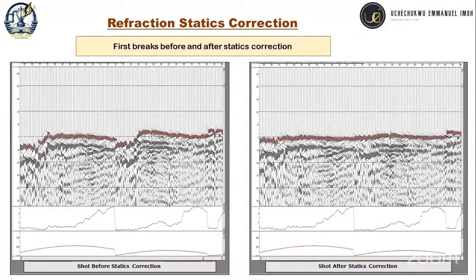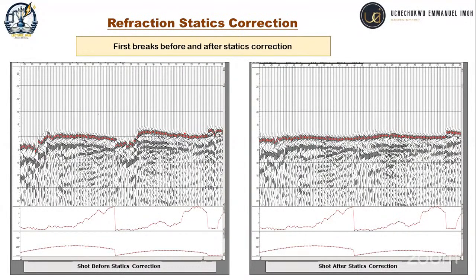So when you do your first break, you can see the first break, the black line on top. The red dots on them are where you have used the computer to identify them. The one on the left is before statics correction, and the one on the right is after statics correction.